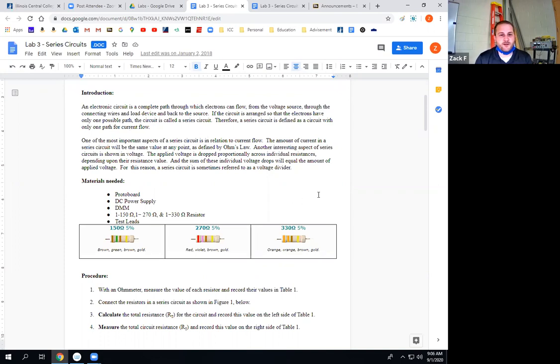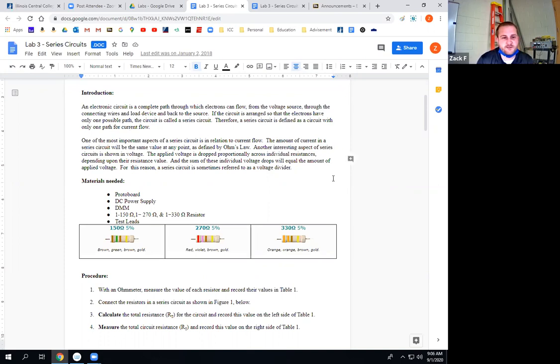One of the most important aspects of a series circuit is in relation to current flow. The amount of current in a series circuit will be the same value at any point, right? Series circuit, current's the same everywhere, as defined by Ohm's law.